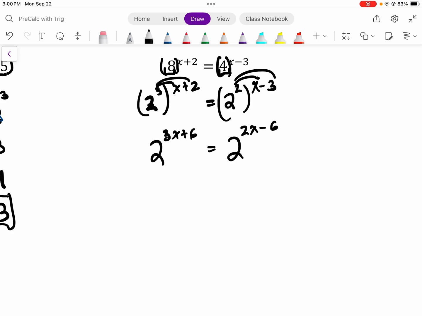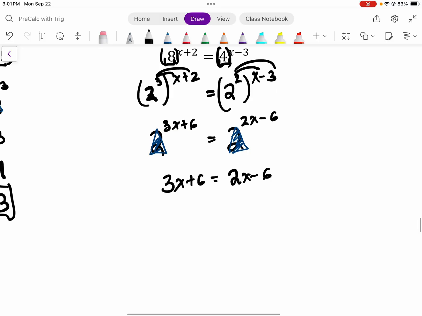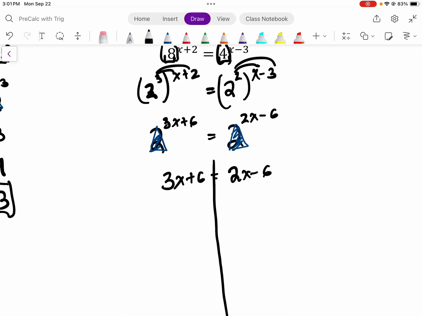And now you can see the bases are the same, so we can go ahead and drop them. So drop the bases, and now we can set the exponents equal to each other. And once again, we can just go ahead and solve this. I'm going to subtract the 2x to the other side. So that's x plus 6 equals negative 6.